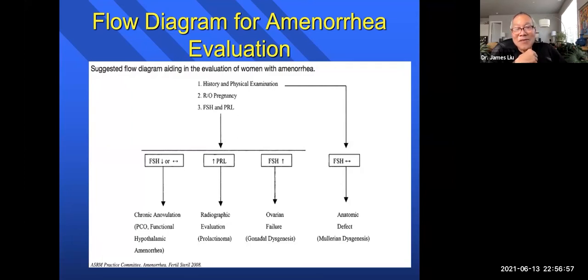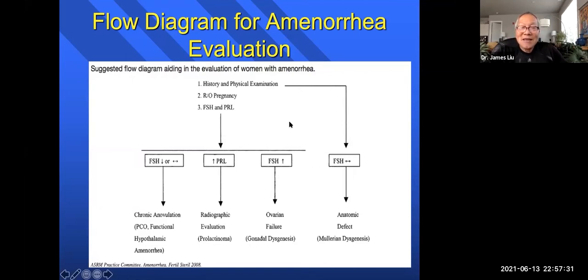Most of the time, I would say 90% of the time, I have a pretty good idea what I'm dealing with and have a working diagnosis using those approaches. And then finally, if you're still a little bit stumped or you want to confirm your diagnosis, what do you do? And this is stolen from the ASRM Practice Committee. This is available online. Evaluation of women with amenorrhea. This is secondary amenorrhea in the absence of pregnancy.